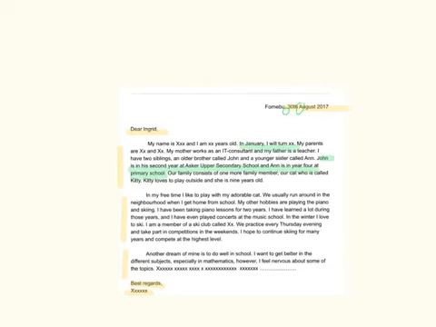Kitty loves to play outside, and she's 9 years old. In my free time, I like to play with my adorable cat. We usually run around in the neighborhood when I get home from school. So this is a tool to make your text more connected and coherent. And after me talking about my cat or writing about my cat, I can naturally move on to my other hobbies and interests.